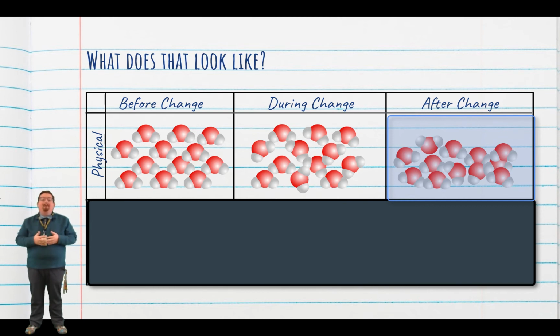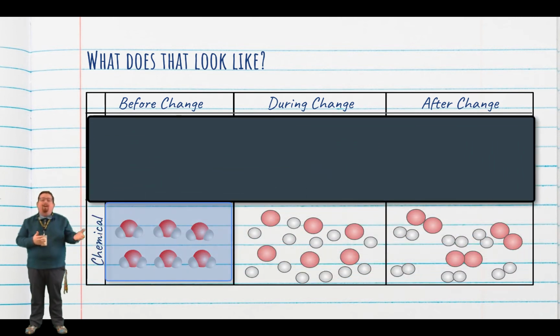During a chemical change, though, we might start with water molecules here, but they break their bonds. The hydrogens and oxygens break away from each other, no longer forming molecules, but just separate atoms. Those atoms then rearrange themselves and form new bonds. So we're starting here with 6 water molecules.